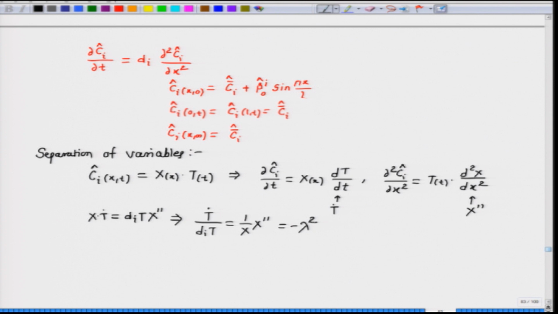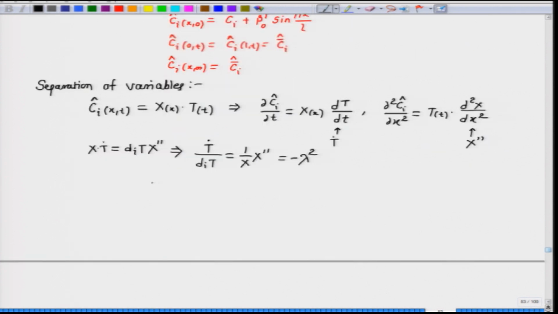So we get two ordinary differential equations, one only in t, the other only in x: T dot plus di lambda squared T equal to 0, and X double prime plus lambda squared X equal to 0.